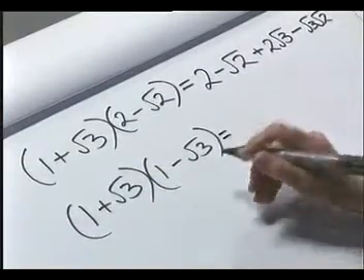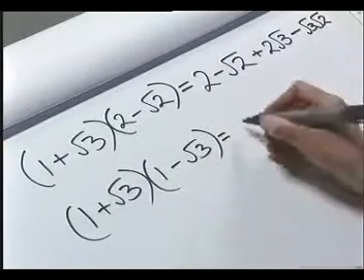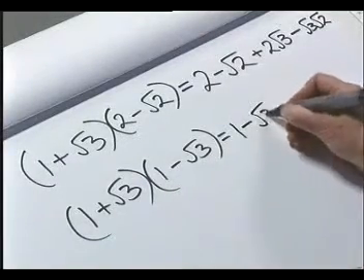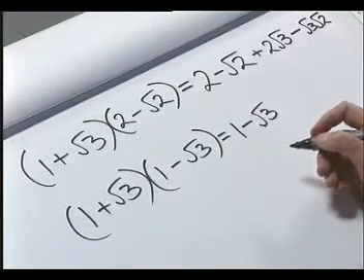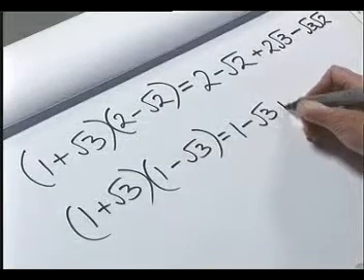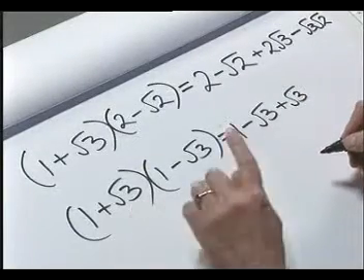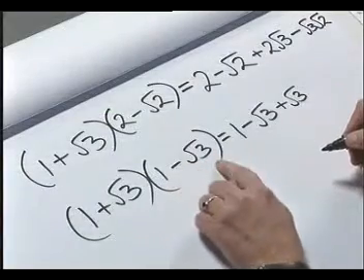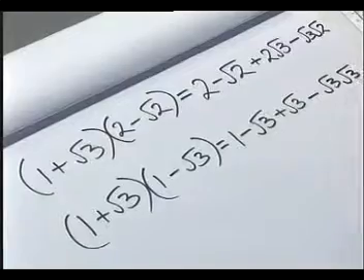See what happens when we multiply out in the usual way. 1 times 1 minus root 3 is 1 minus root 3. Then root 3 times these two. Root 3 times 1 is plus root 3. Root 3 times minus root 3 is subtract root 3 root 3.